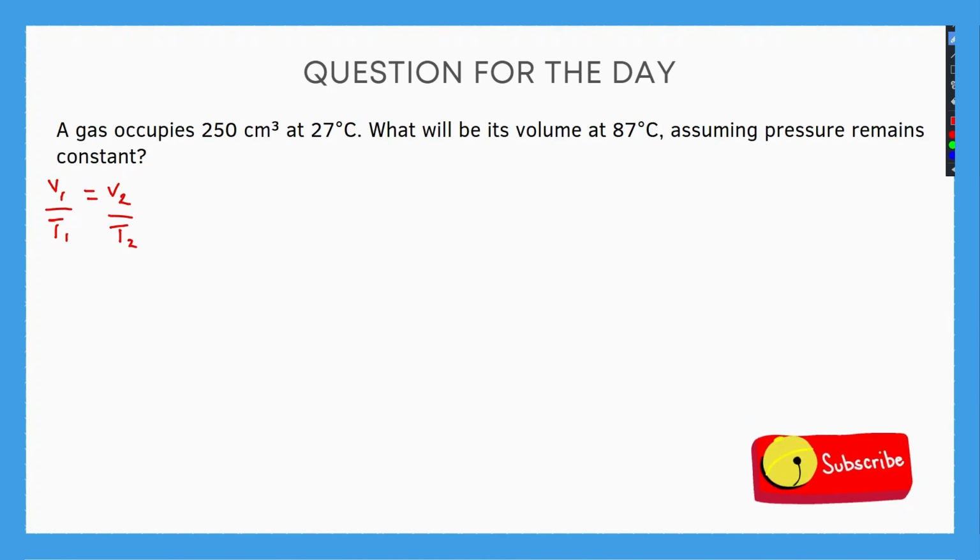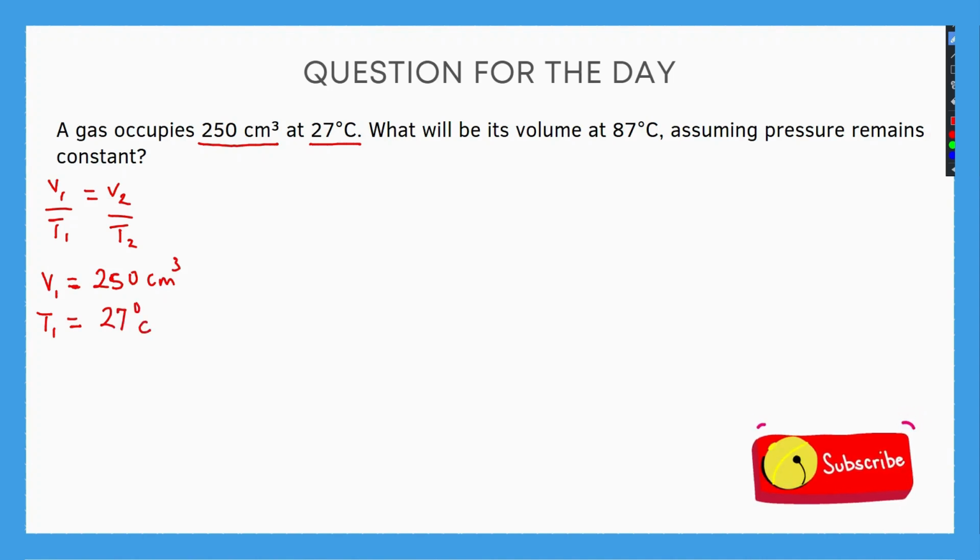V1 here stands for the initial volume. The question says a gas occupies 250 cm³, so the initial volume is 250 cm³ at 27 degrees Celsius. The initial temperature stands for T1, and in this case it is 27 degrees Celsius.